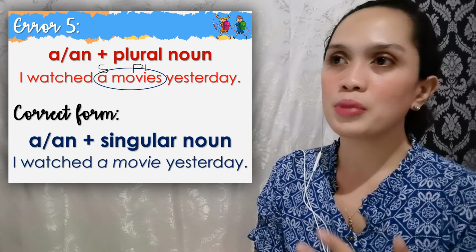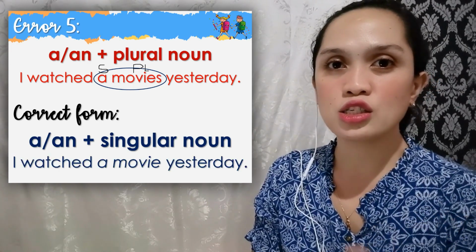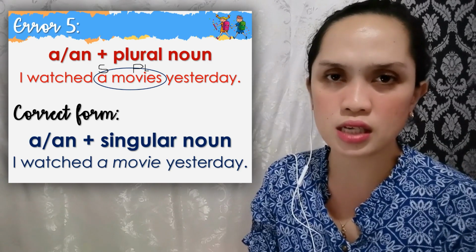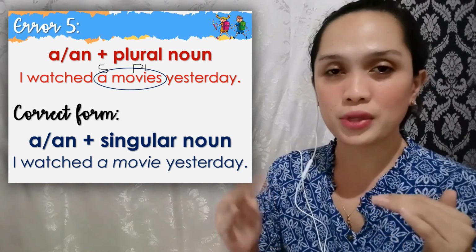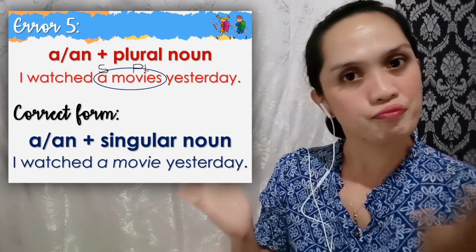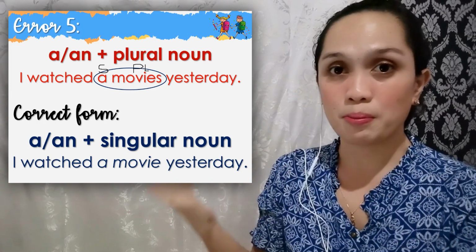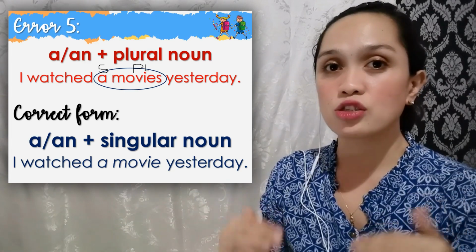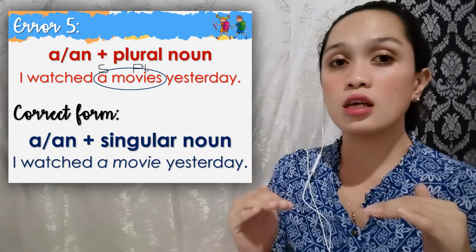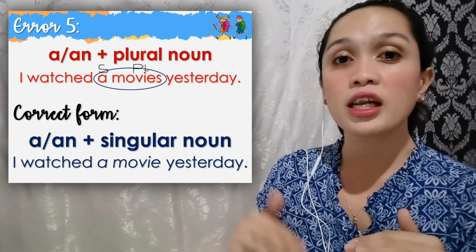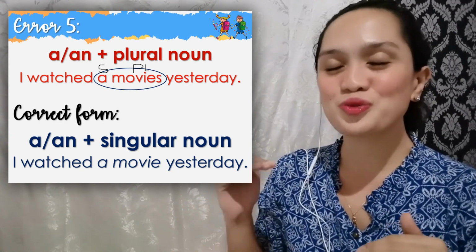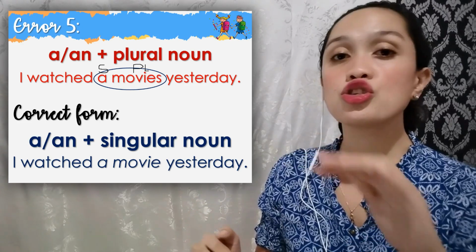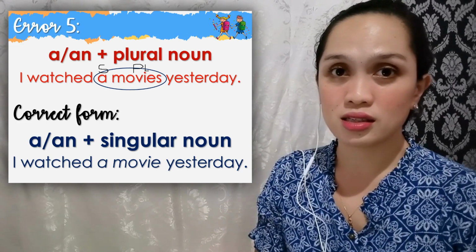So some people would say, I saw a children playing outside. So a is singular, children is plural, so it doesn't match. So you have to make them match: singular article, singular noun. If your noun is really supposed to be plural, you should drop the article. Okay?